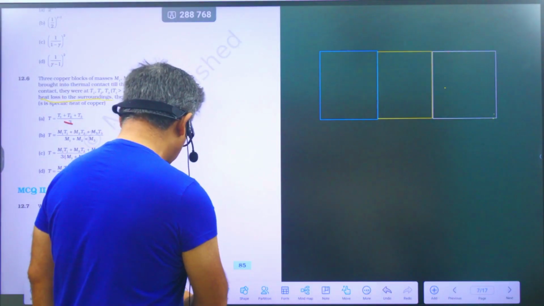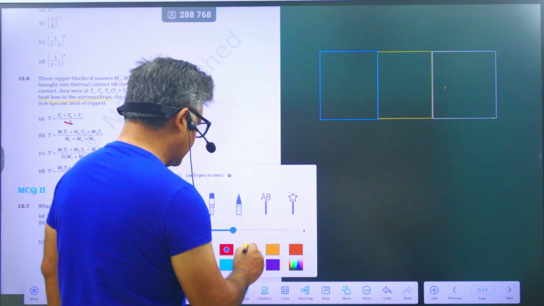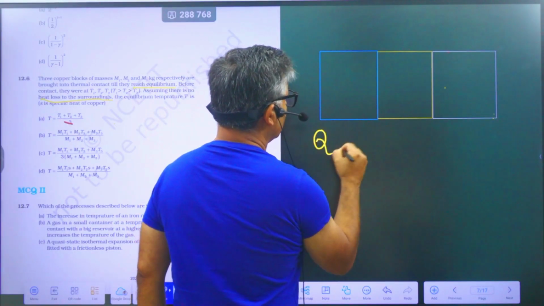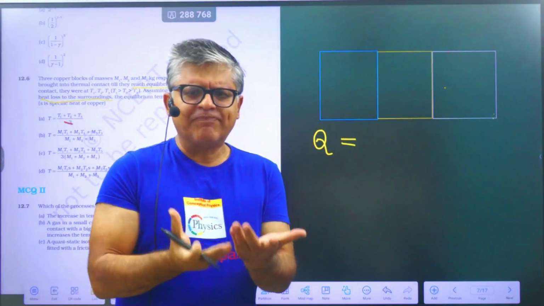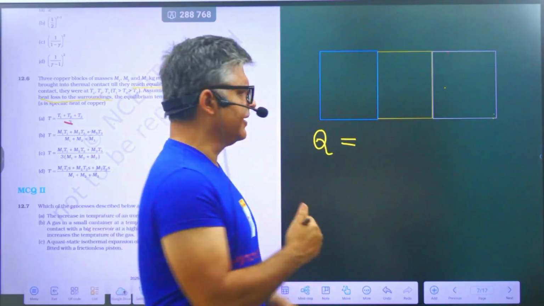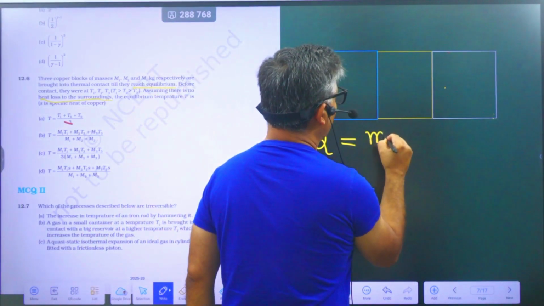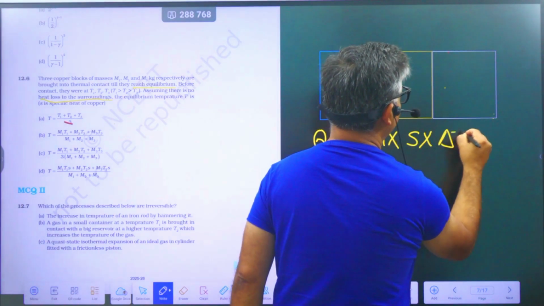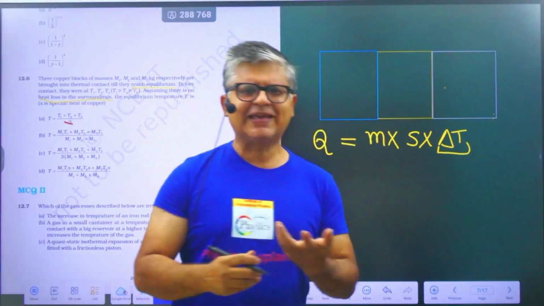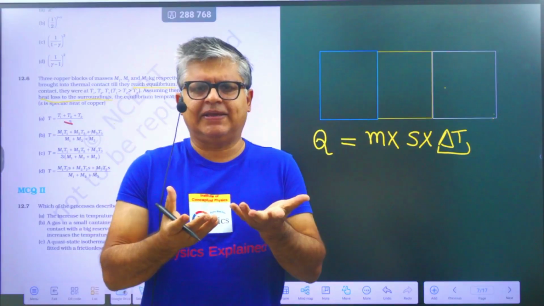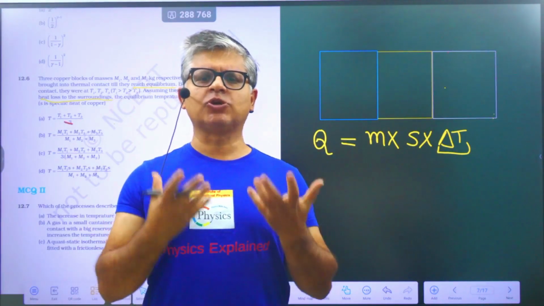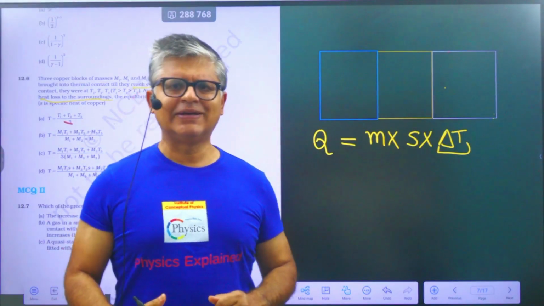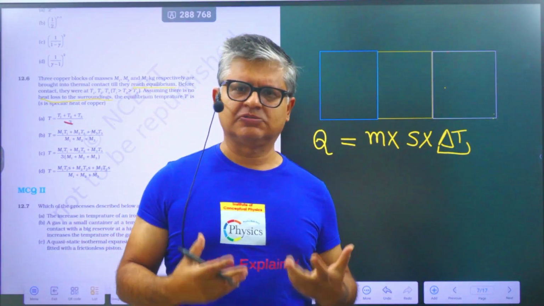The heat lost or gained is given by the mass of the block multiplied by the specific heat of the block multiplied by delta T. Now delta T can be positive, that is, it gained energy and therefore the temperature went up. It can also be that it lost energy, therefore the temperature reduced.